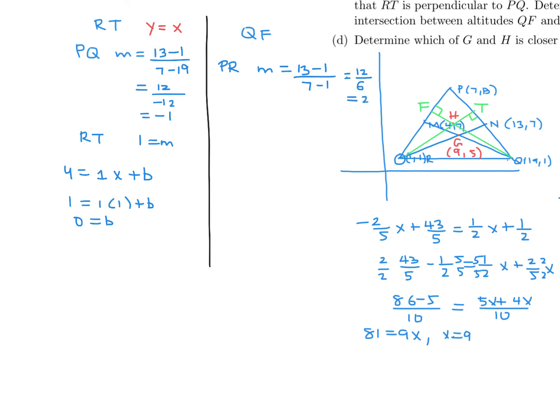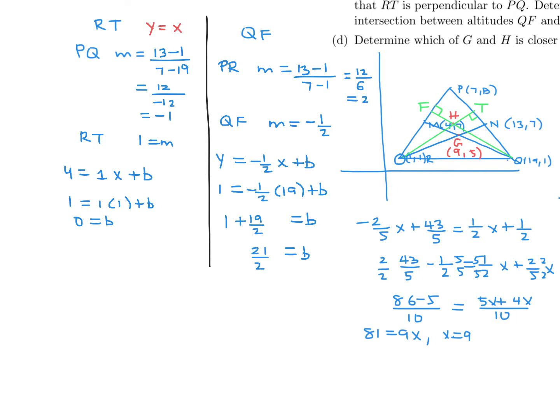So the negative reciprocal, which would be the slope for QF, is minus a half. Therefore the equation of QF is y is equal to minus a half x plus b. Now QF has the point 19, 1, so substitute that in. So when y is 1, we have 19 over 2, so b is equal to 1 plus 19 over 2, and therefore b looks like 21 over 2.